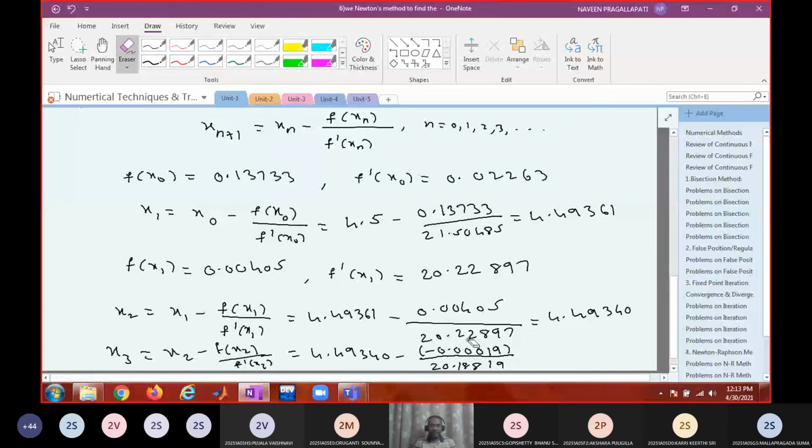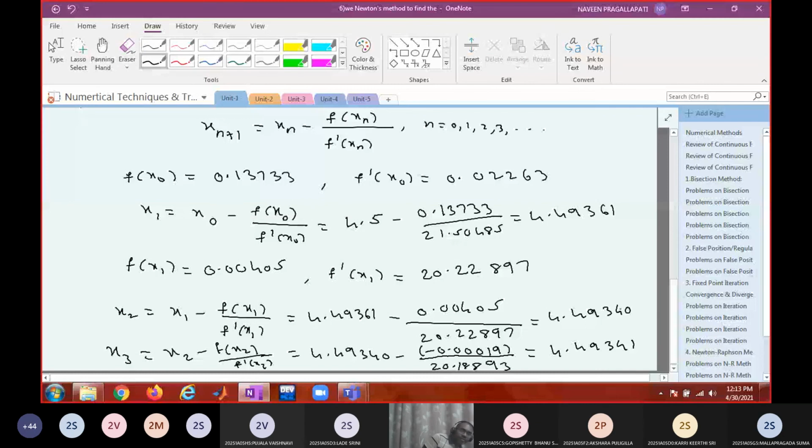What is the simplified value? 4.49341. So we got 4 decimal places of accuracy.